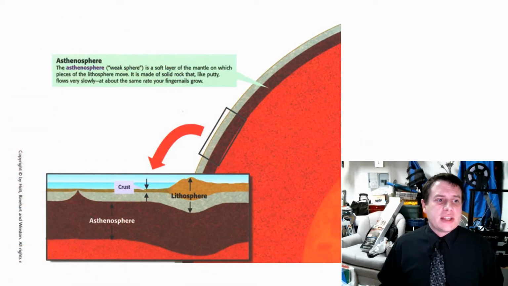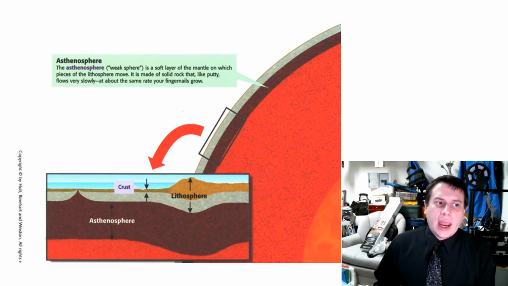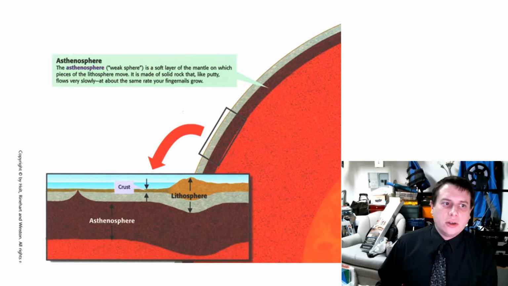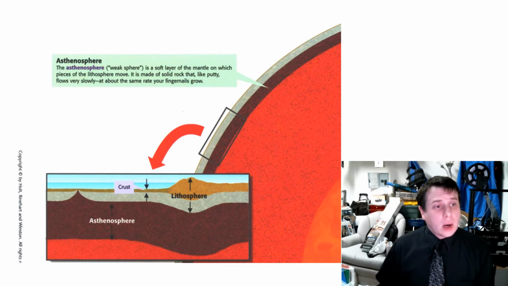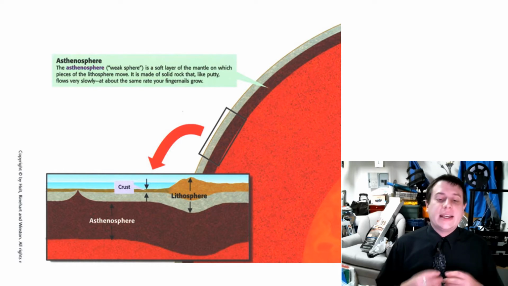So let's break this down a little bit, okay? So let's zoom in a little here. So you have the lithosphere, and that includes the solid rock of the crust and then this hot rock that's underneath that. But then you have this stuff called the asthenosphere, and it's a soft layer of mantle on which pieces of the lithosphere move. It is made of solid rock, but it's like putty. Again, imagine silly putty, all right?